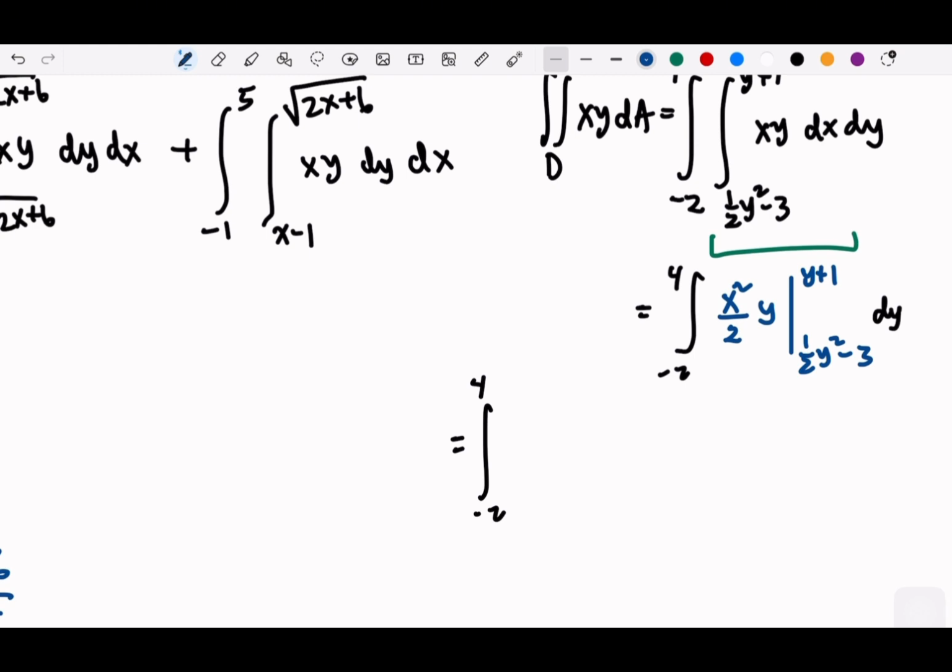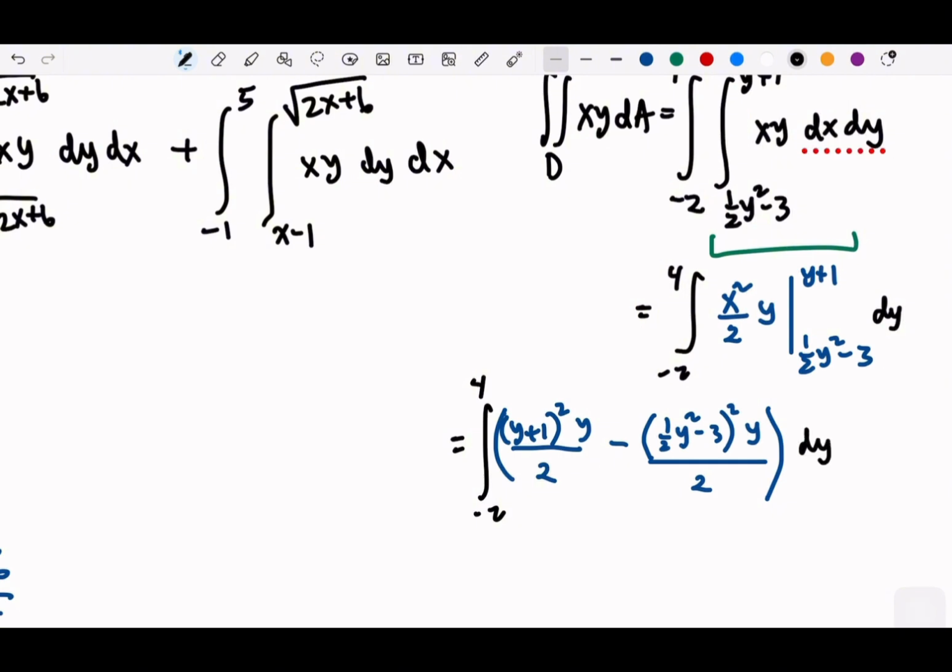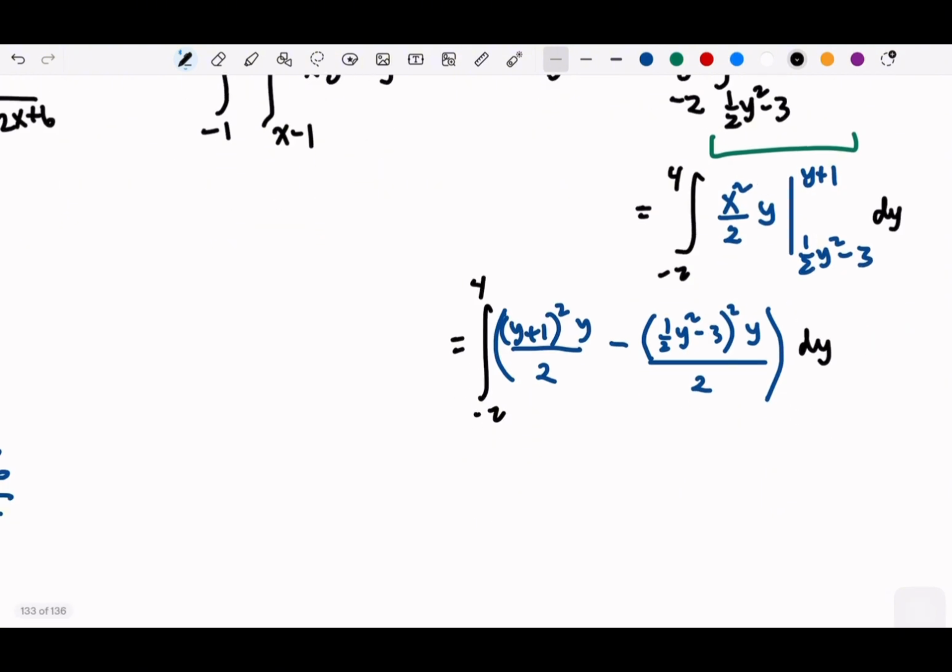So we are going to evaluate all of this, minus the lower limit. I think we can move the half out.